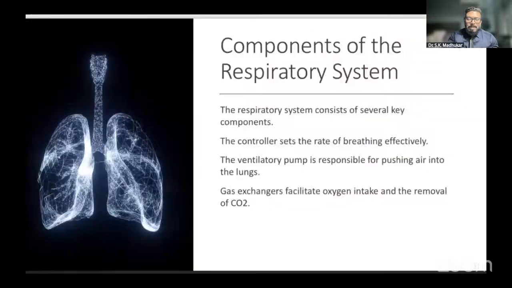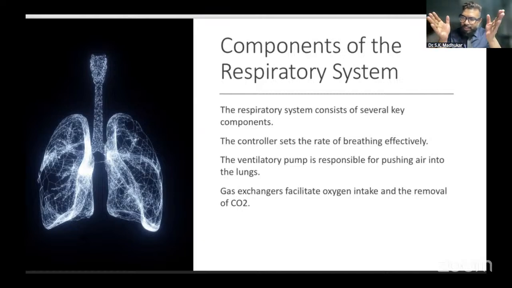Okay. So when we talk about respiratory failure, we talk about failure of the respiratory system. Let's understand what are the components of the respiratory system. The components of the respiratory system are controller, respiratory pump, and gas exchanger.